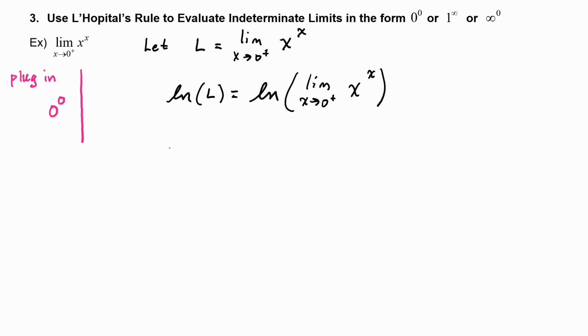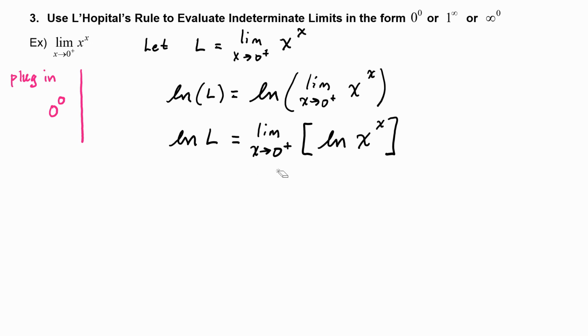So, leaving the left-hand side alone, we have natural log of L is equal to the limit as x goes to 0 from the right of the natural log of x to the x. So instead of doing the limit first and then taking the natural log of that value, we can do the natural log first and then take the limit.